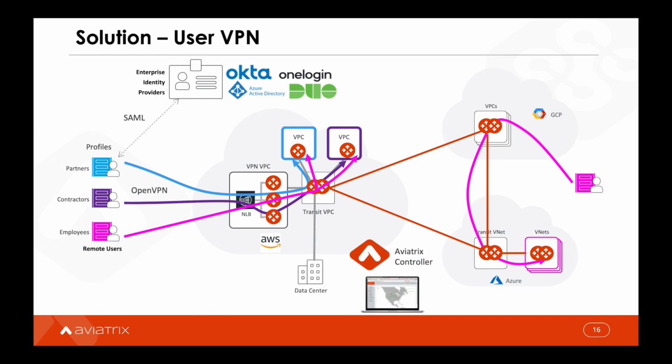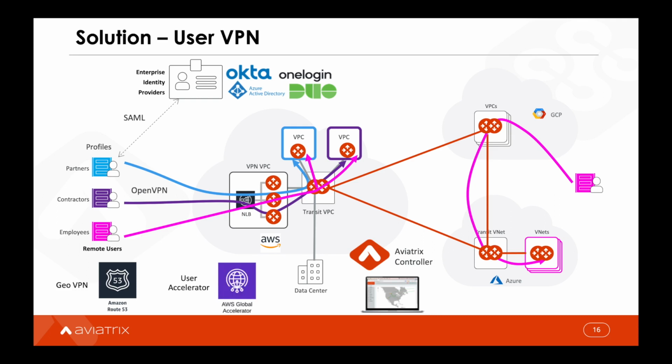What if resources are on-prem? That can be solved through a site-to-cloud connection. Users would terminate their VPN tunnels on an Aviatrix VPN gateway in any cloud and then connect to on-prem via the site-to-cloud connection. Now, since users could be anywhere, in order to meet the requirement of low latency, you can use the GeoVPN feature, which leverages latency-based routing in Amazon Route 53 or similar technologies with other CSP DNS products.